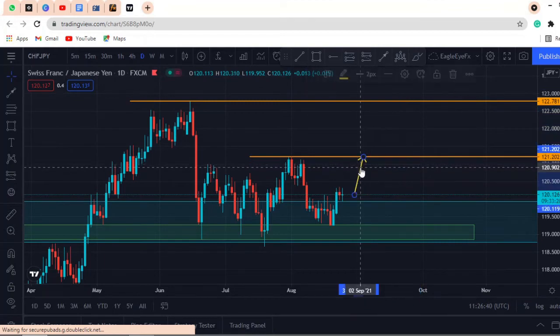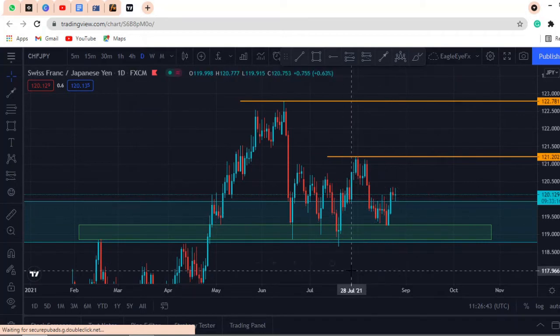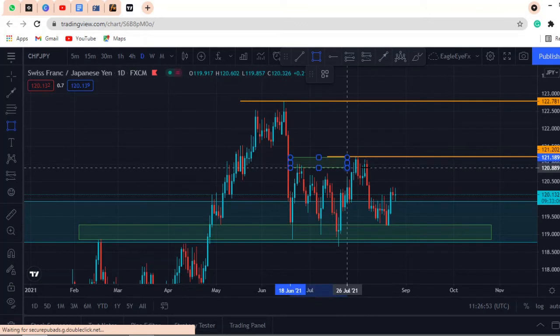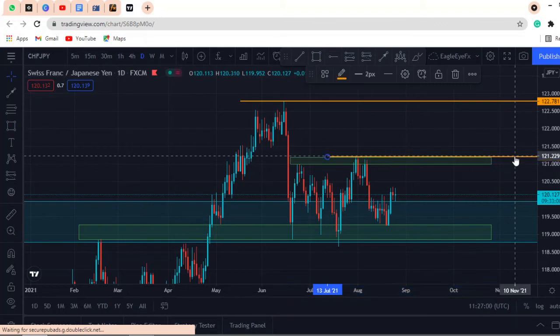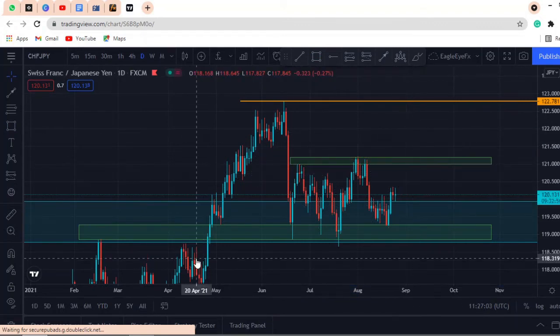Let's go further down to the 4-hour time frame and see if you can enter. So I see buying opportunities here. If you want, we can make this into a zone like that. Then we remove this line there because you see that the market is playing in here.